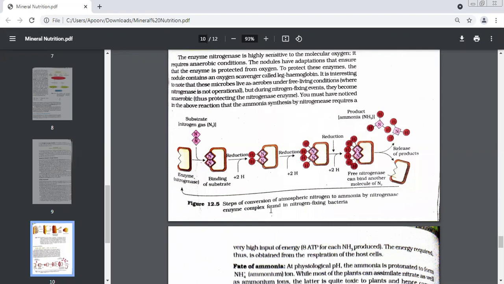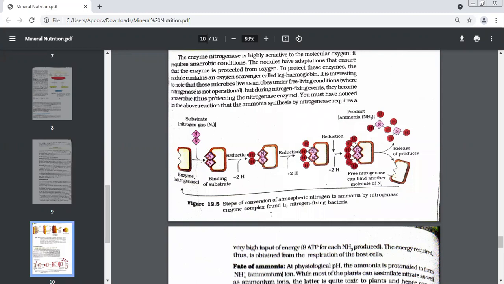We had done that these nodules contain two things: the enzyme nitrogenase and leg hemoglobin. Nitrogenase converts nitrogen to ammonia, but it will only work if the conditions are anaerobic.